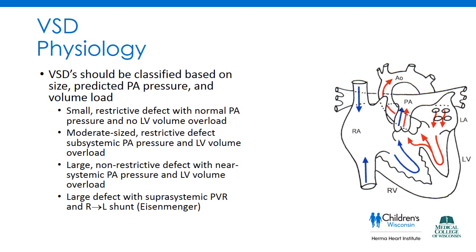The main one is a large VSD, which is non-restrictive, so blood flow can freely go left to right with near systemic PA pressures, and we see significant LV and LA overload. And as I said previously, this is usually a very late chronic finding, but if you have a large defect with elevated pulmonary vascular resistance or high pressures in the PA or RV, then you can develop a right to left shunt, otherwise known as Eisenmenger syndrome.